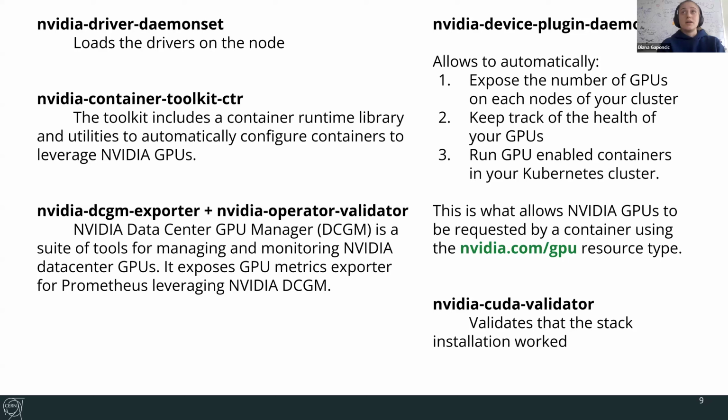Then we have NVIDIA Device Plugin Daemon Set. This is a component that is aware of Kubernetes, in the Kubernetes context. And this is the component that makes the nvidia.com/gpu resource type available on the cluster. And then we have NVIDIA CUDA Validator, which validates that the stack installation worked properly and you have CUDA.